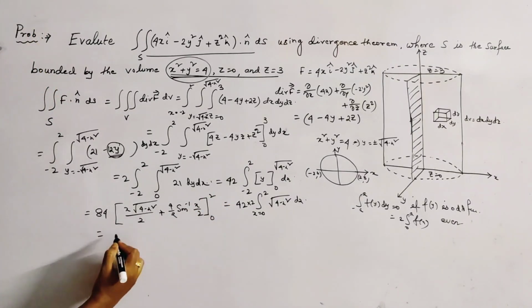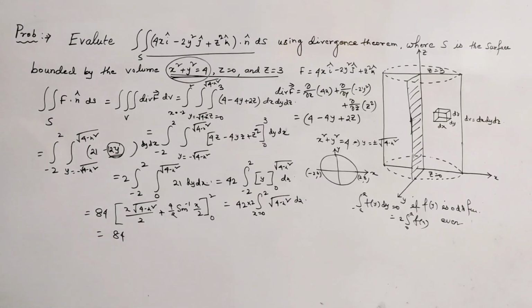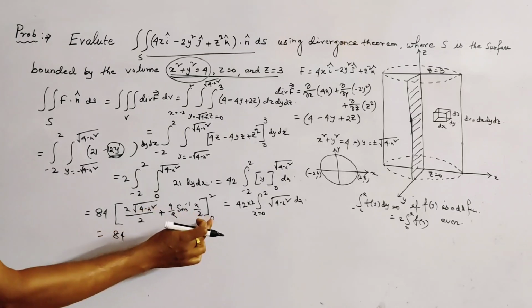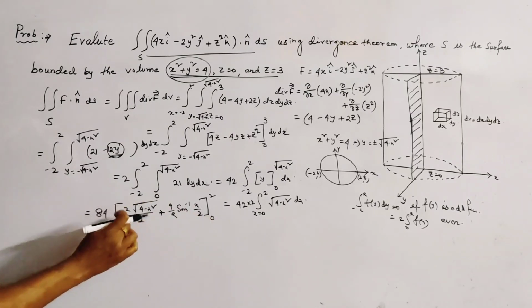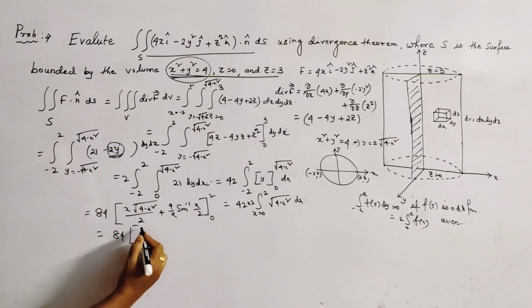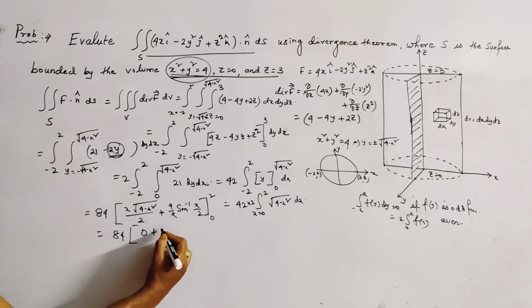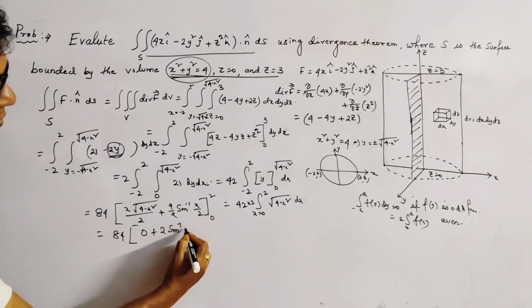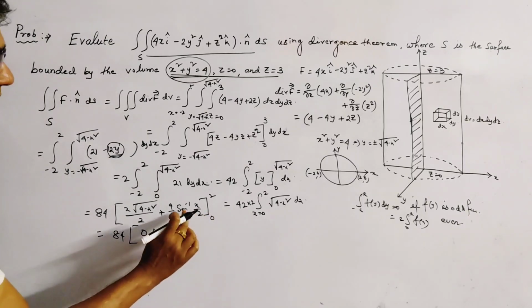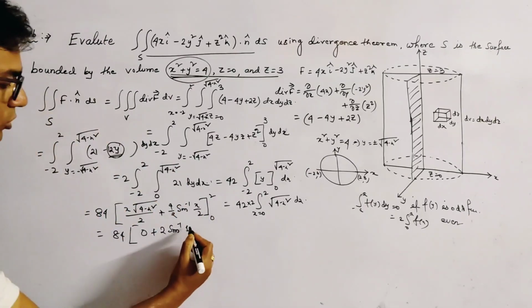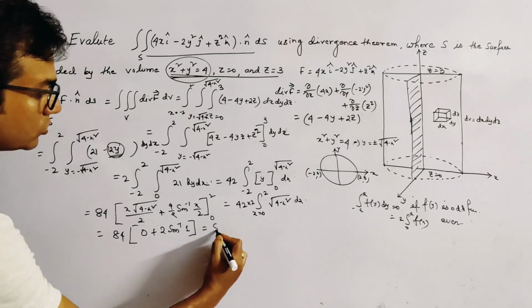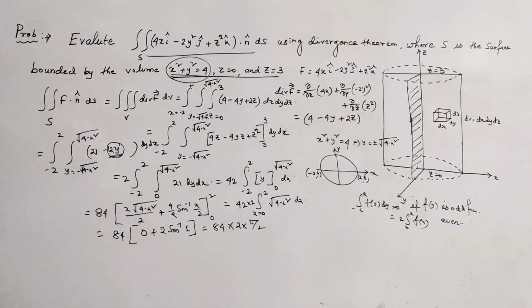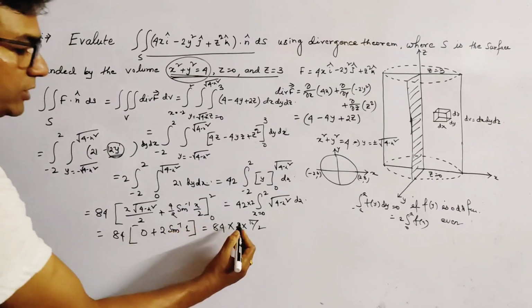The integration is 84 into this term, which is 0, because if we put 2 here it is 0, and if we put 0 here it is 0. So this term is 0. And this is 2 into sine inverse of 2 by 2, which is 1, minus sine inverse 0. So this equals 84 into 2 into pi by 2, because sine inverse 1 is pi by 2.